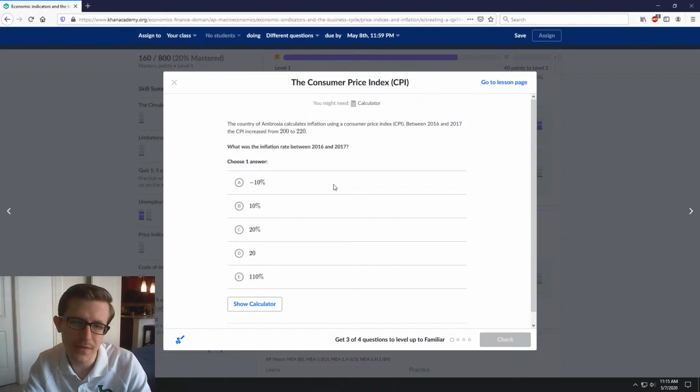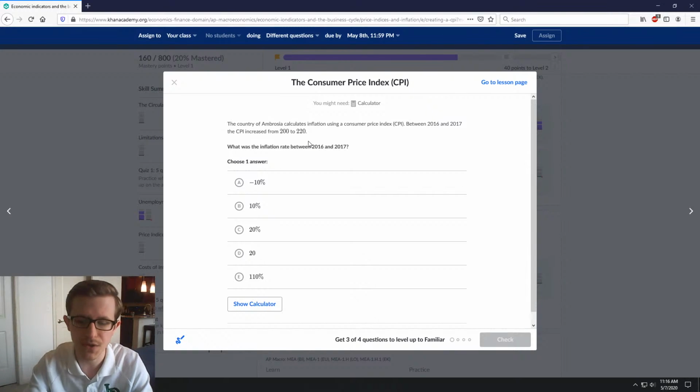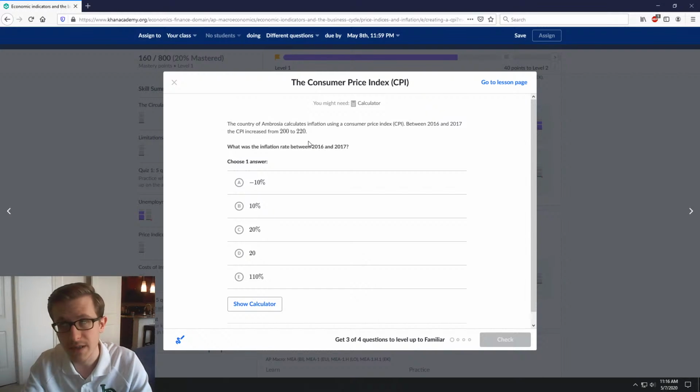Looking at this, the country of Ambrosia calculates inflation using a consumer price index. Between 2016 and 2017, the CPI increased from 200 to 220. So what was the inflation rate between 2016 and 2017? In order to do this, you can use a calculator, so I'm going to very highly recommend you do so. What you would do is divide the year by the base year.